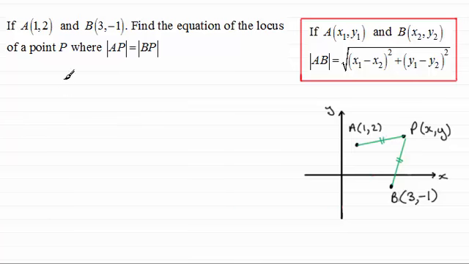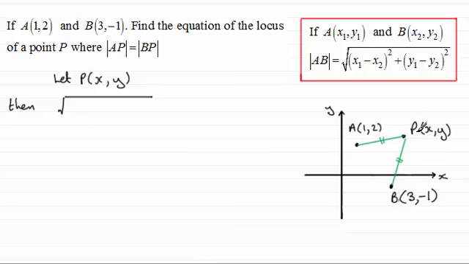So if we start by saying let P be the point x, y in general, then we know that since this result is true, the distance AP is going to be the square root of the difference between the x coordinates, that's A and P, all squared, plus the difference between the y coordinates all squared.